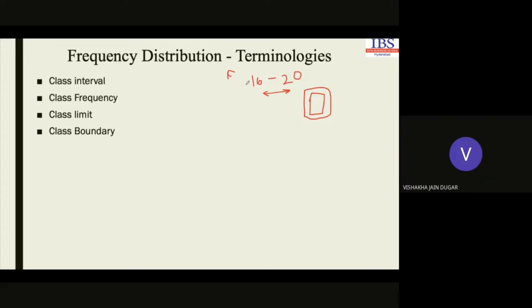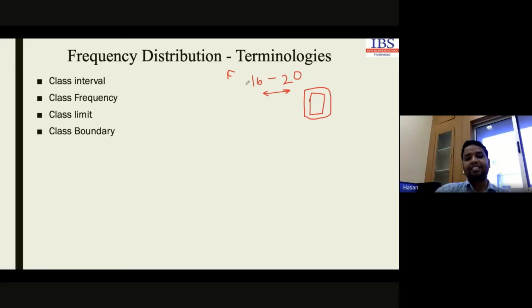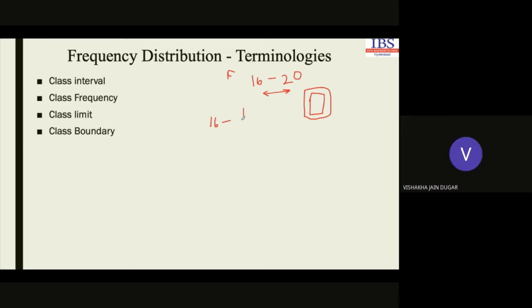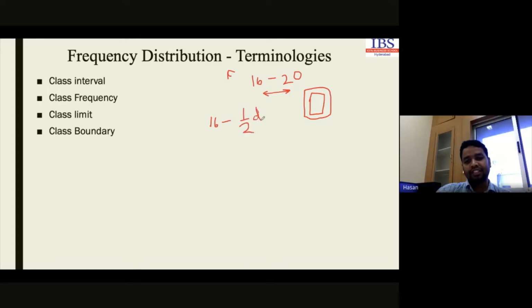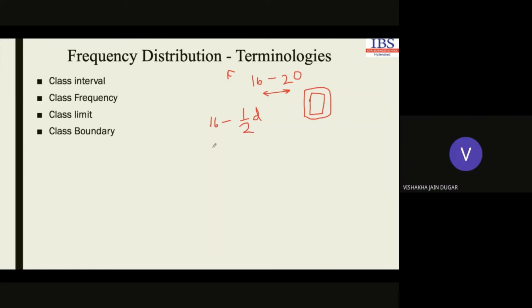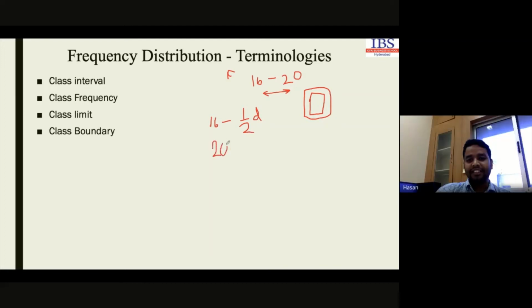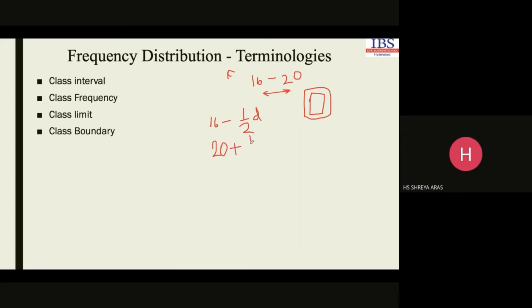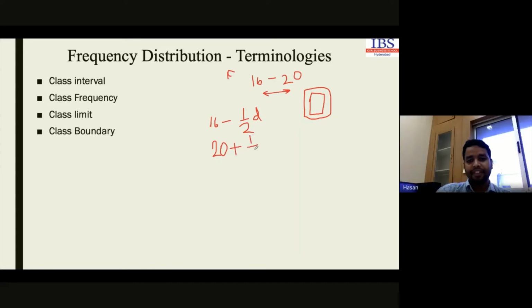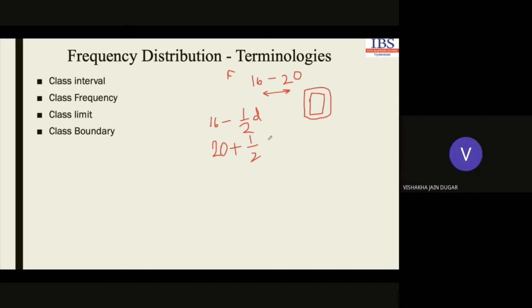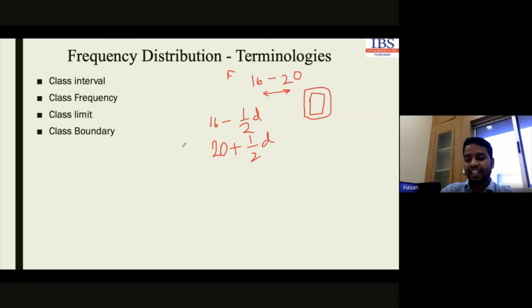So how do we calculate the boundary here? If it is the lower boundary, that means lower limit minus half of the distance between two classes, right? If it is the upper boundary, then upper limit plus half of the distance between two classes. Okay? Clear? Yes, sir. There is nothing difficult here. So this is class boundary.